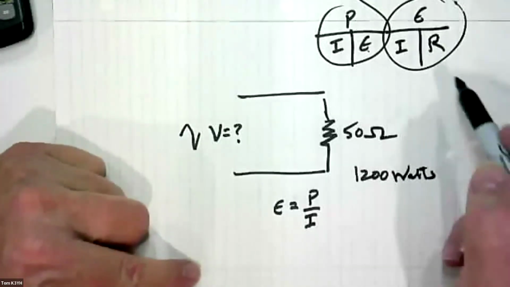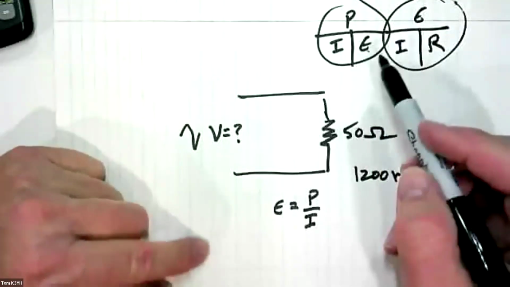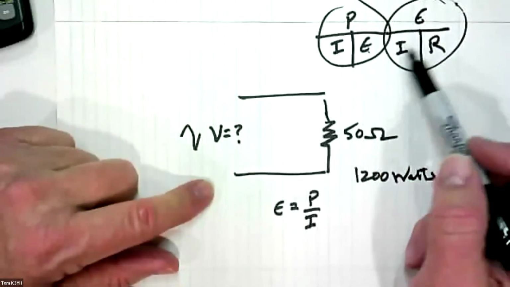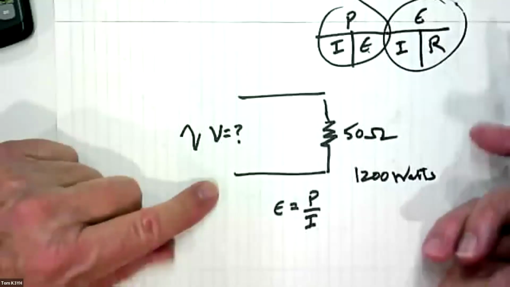Remember, I'm looking for E, and it equals I times R, but I don't know I either.